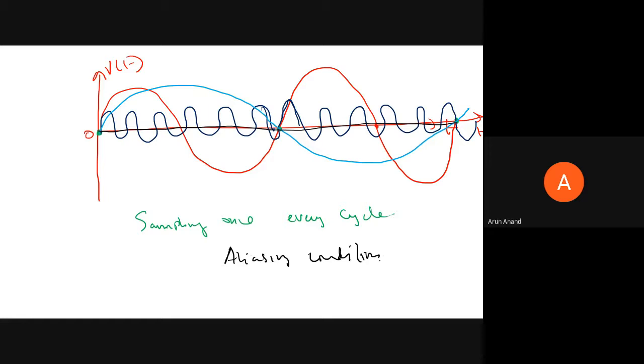For example, look at a fan that is rotating at a very high frequency in the presence of an incandescent bulb. An incandescent bulb switches off and on 100 times in a second. Every time your sine wave crosses zero, it switches off.